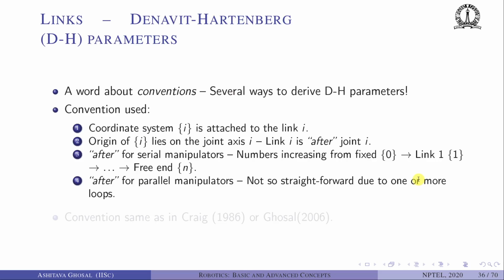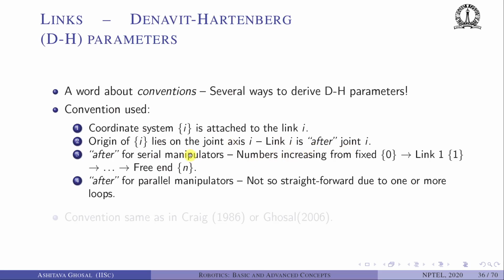So we will use the convention in the following way. In our convention, the coordinate system I is attached to link I. The origin of I lies on the joint axis I, and the link I is after the joint.